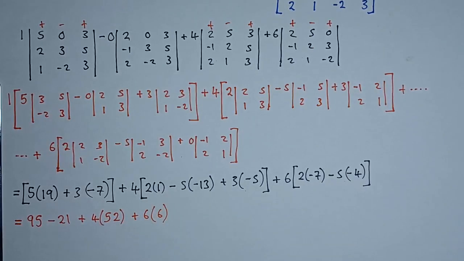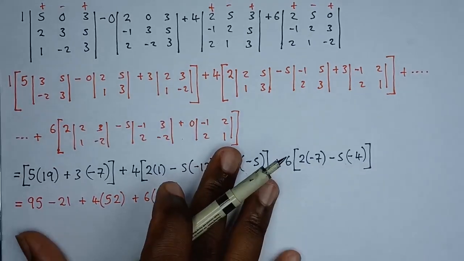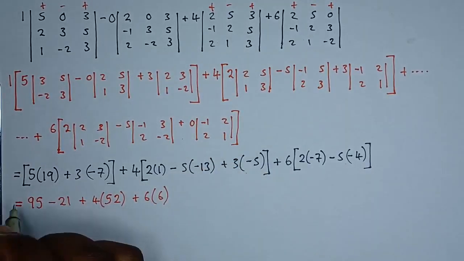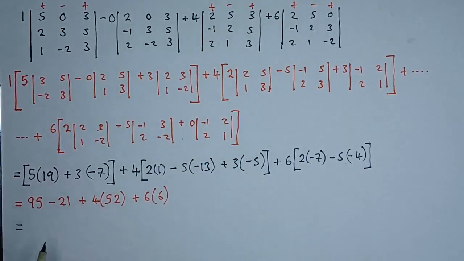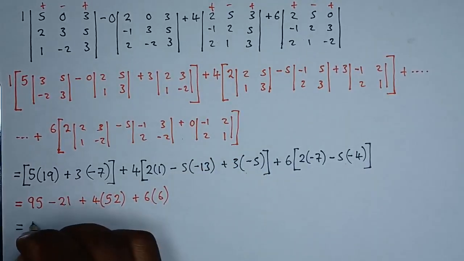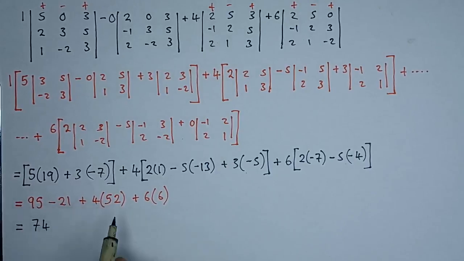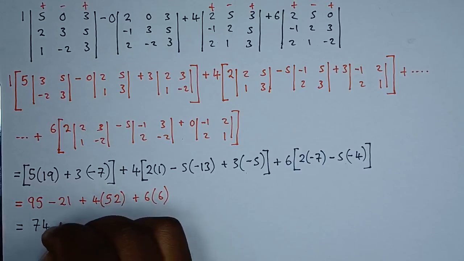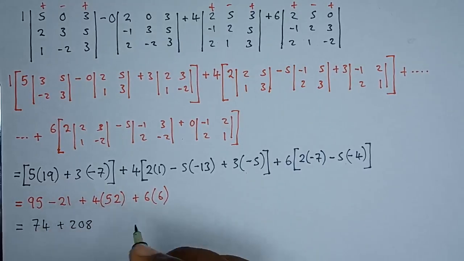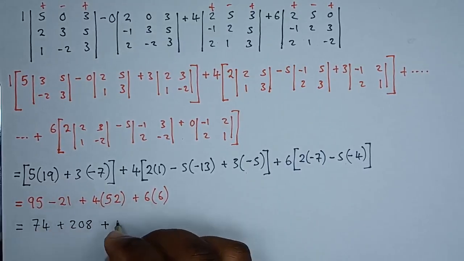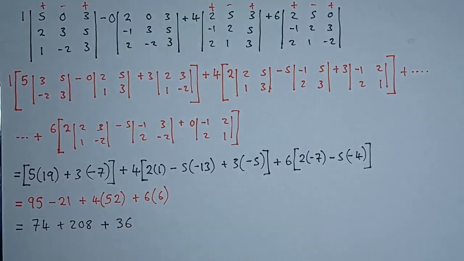Then, simplifying this further, what we're going to get is 95 minus 21 should give us a 74. 52 times 4 should give us 208, and we add that to 36, like that.